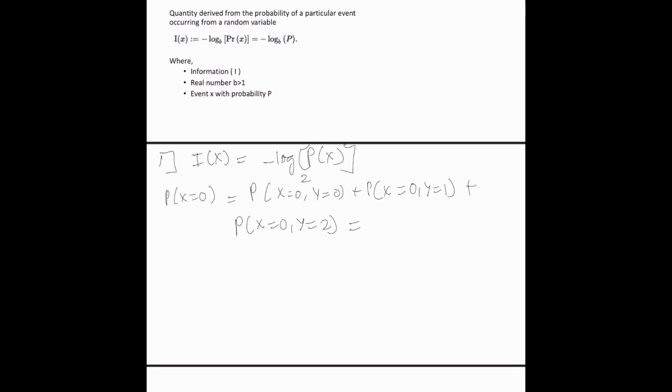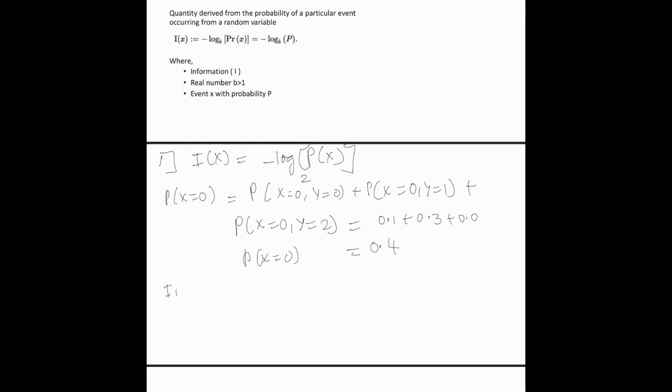Substituting the joint probabilities from the table, you will get 0.1 plus 0.3 plus 0.0. This comes out to be 0.4. So 0.4 is your probability when your x is 0.